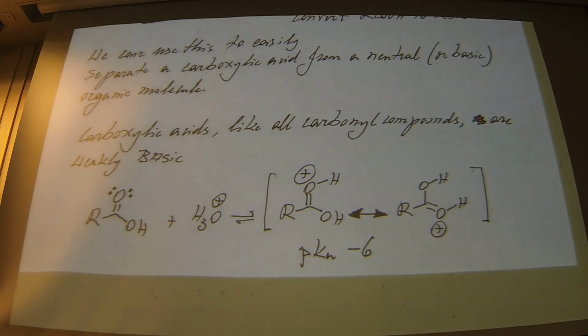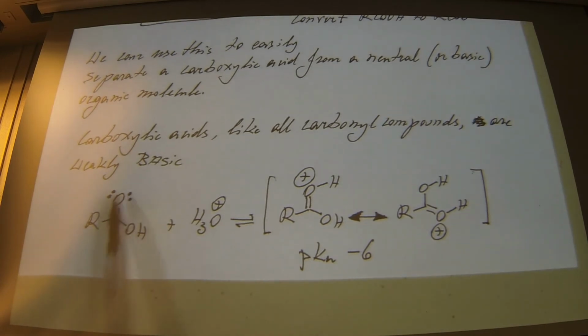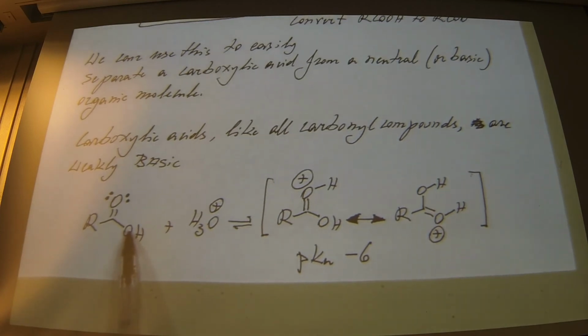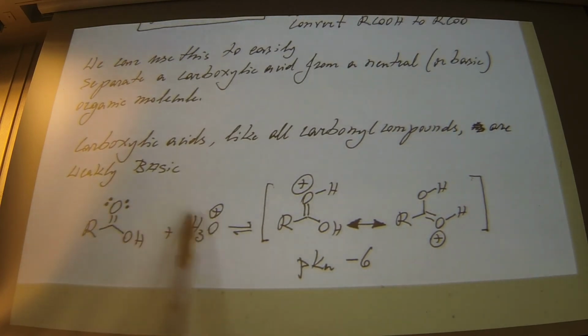Now, one thing I want to point out right away: I showed that protonation takes place on this oxygen atom. I didn't show the lone pairs here. These have lone pairs too, don't they? So why is it that the proton in this case is shown bonded to the carbonyl oxygen atom, and not shown bonded to the other oxygen atom? They're both oxygens. They have the same electronegativity.